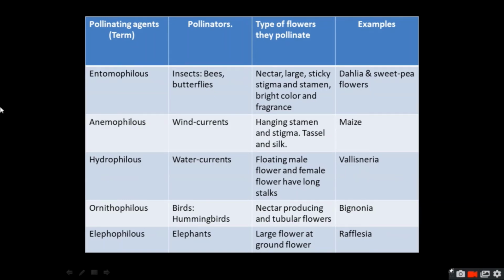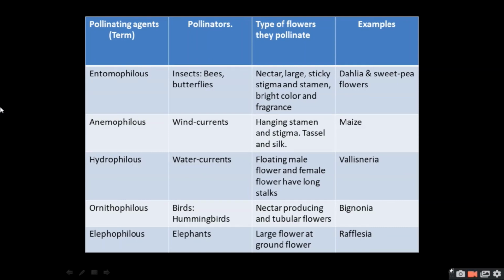Now the next type of pollination occurs through birds, and these pollinating agents are known as Ornithophilous. Ornithophilous is the term used for pollinators which are birds, for example, the hummingbird. Birds mainly help in pollination of flowers which have tubular structures.